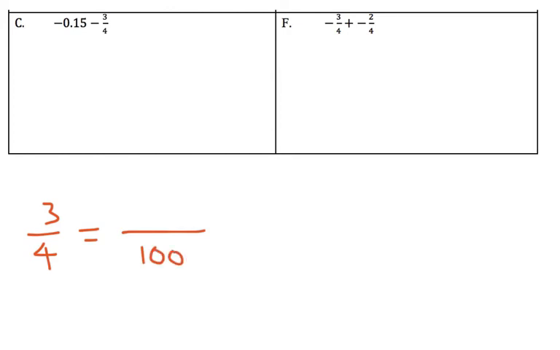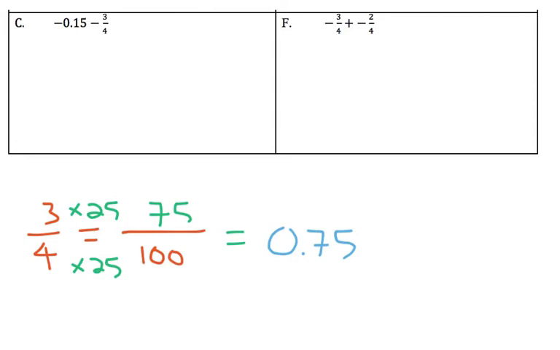I actually know that 4 goes into 100 because there's 4 quarters in 100 cents or $1. And so if I find an equivalent fraction to 3 fourths, that's the same as 75 hundredths. But you could have also thought to yourself, 3 fourths is like 3 quarters, which is like 75 hundredths or 75 cents. So when we write an equivalent expression, we have negative 15 hundredths still, but now instead of minus 3 fourths, we have minus 75 hundredths.